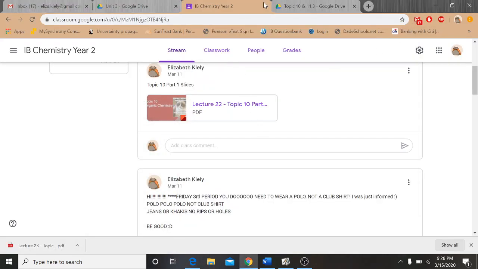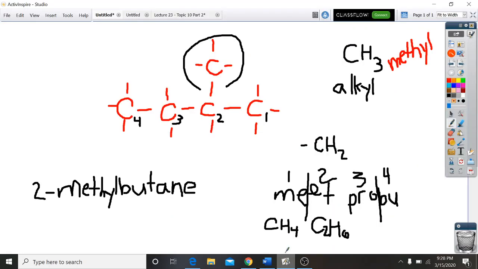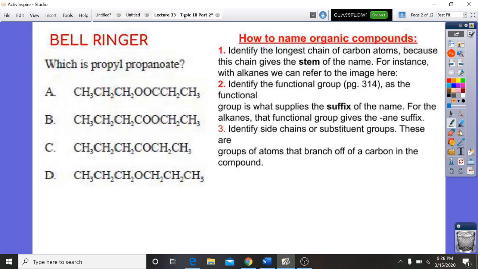we're going to look at our bell ringer again. So looking at our bell ringer, take a look at the question. Propyl propanoate. Propyl propanoate. There's something with prop, huh? A lot of prop going on. So what is prop again?